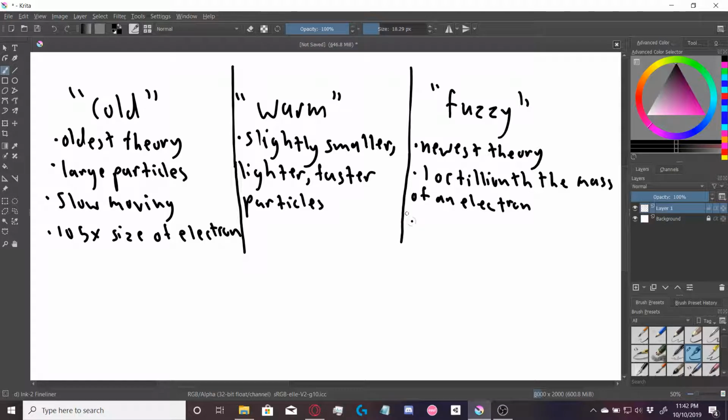And due to their sheer minuscule size, they move and act like a quantum wave function rather than as a particle. Which makes fuzzy dark matter one of the odder of the three theories.